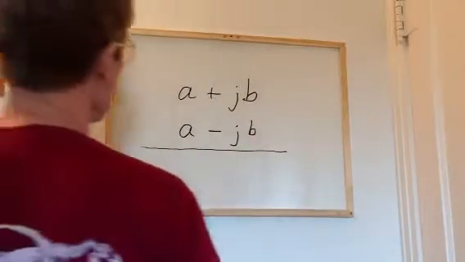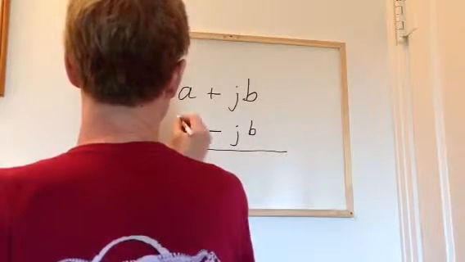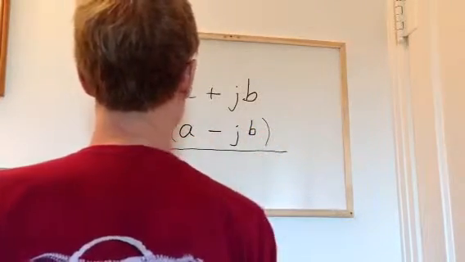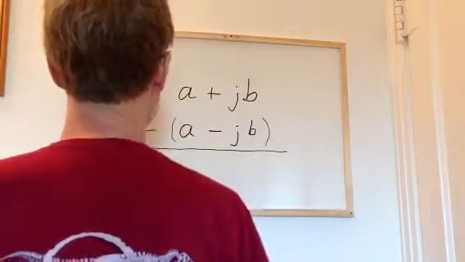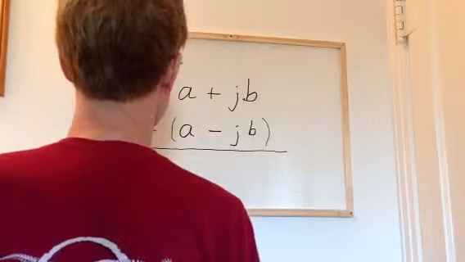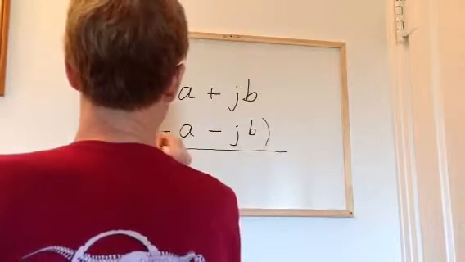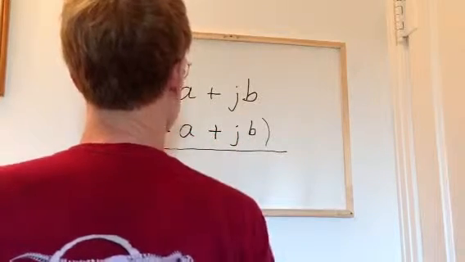Well, let's see what happens if we subtract them. Subtract one from the other. Well, if we do this, this second expression is the equivalent of minus A plus jB.